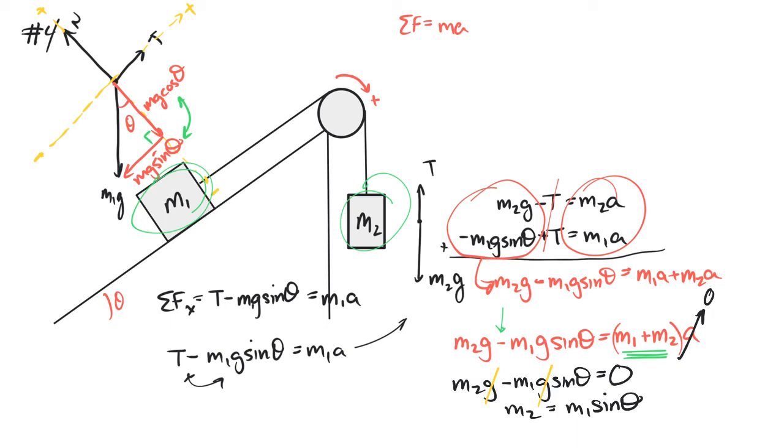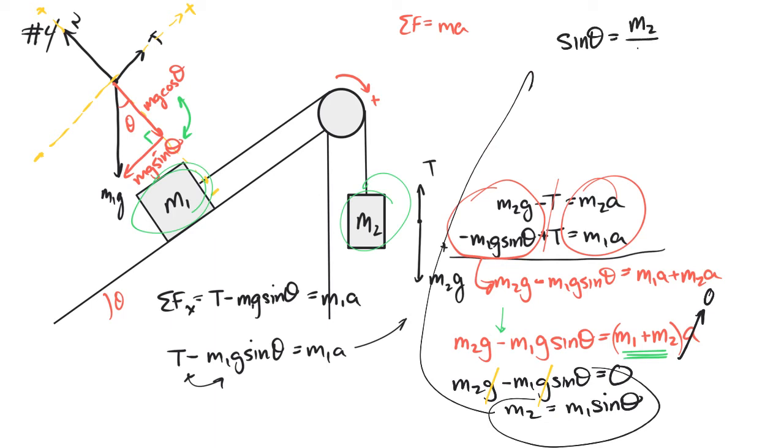So let's take this all the way up top: sine theta equals m2 divided by m1. Well, that's really it. This can only be between 0 and 1. That means that the only way I can even get balance is if m1 is greater than m2.